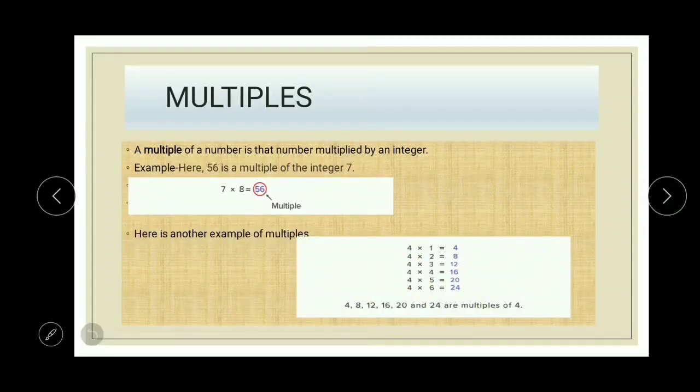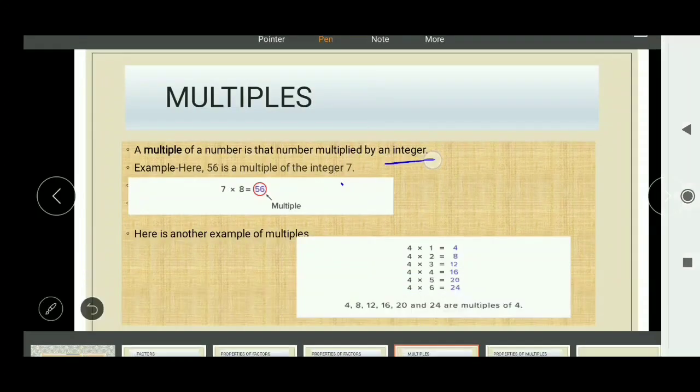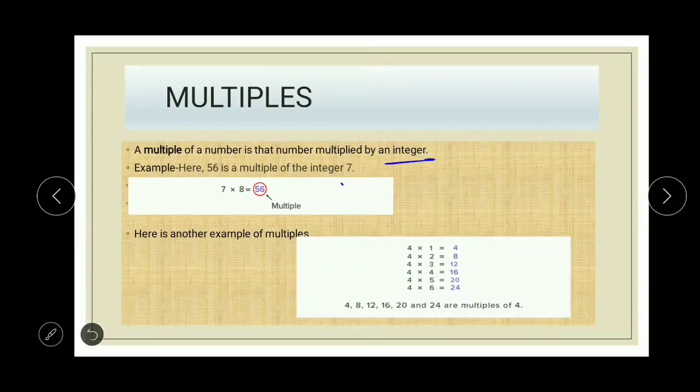Now we will talk about multiples. The word multiply is quite similar to multiples. Here the definition given: a multiple of a number is that number multiplied by an integer.